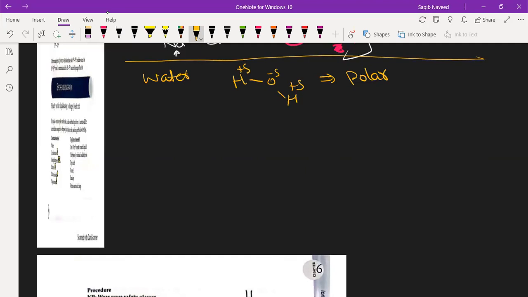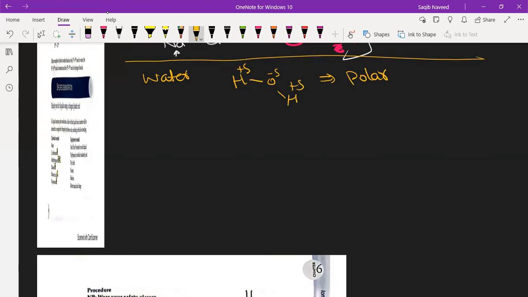For example, if I ask you why alcohol is soluble in water, and you have just listened to the two concepts, like dissolves like and water is polar, now you can deduce the answer. I am again asking, why is alcohol soluble in water?